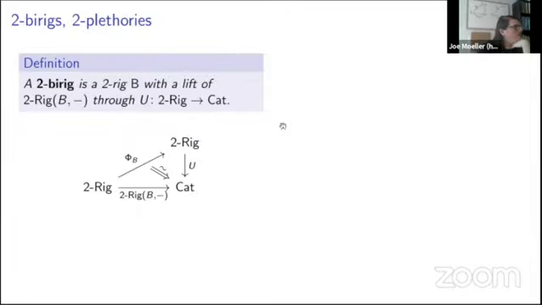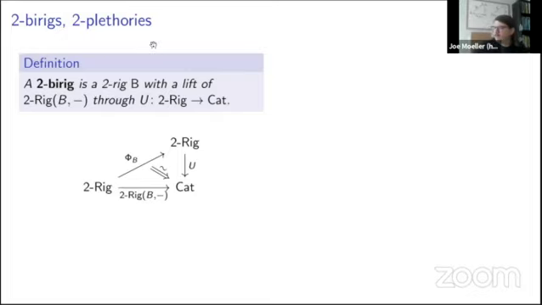Right, so now we have a notion of categorification of rings, and what I claim is a really important example of those, the free 2-rig on 1. We can begin to categorify birings and plethores. So a 2-birig, we're going to define it to be a 2-rig which is equipped with a lift of its representable functor.